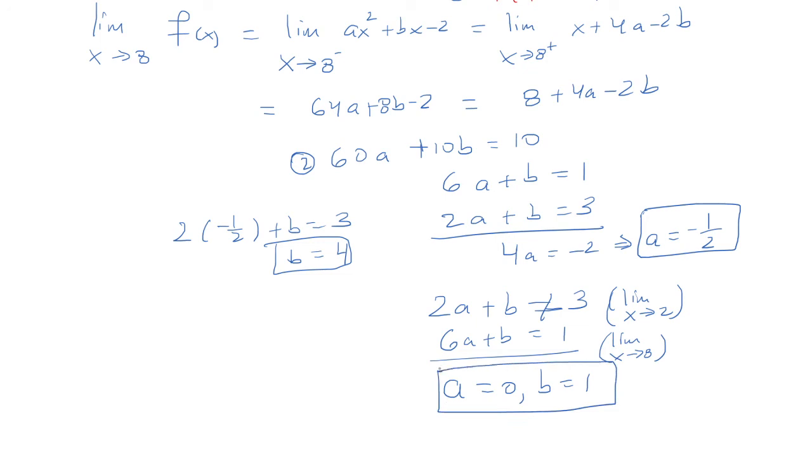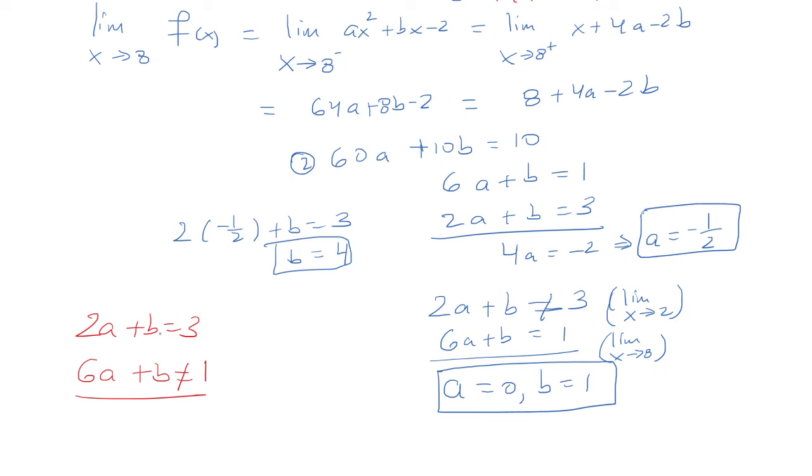Now the third part would be to find values of a and b that make f continuous everywhere except 8. For that, you want to have the first equality true, so 2a plus b equals 3, since you want it to be continuous at x equals 2, but you don't want it to be continuous at x equals 8, so the second equality does not hold.